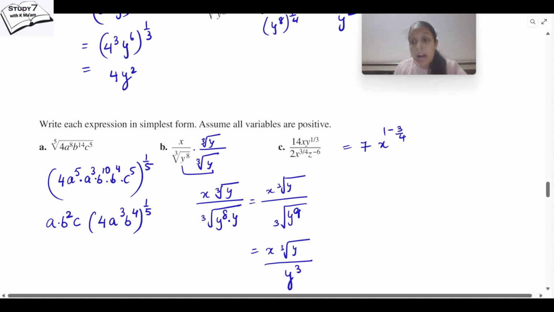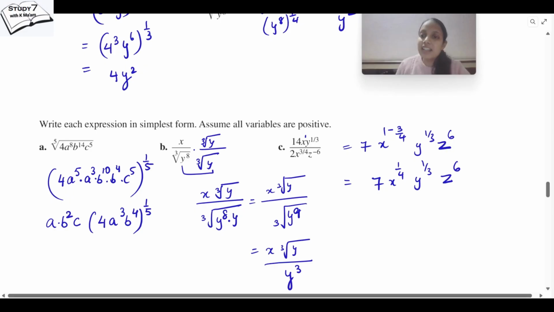This term moves up, so it becomes negative 3/4. So the 1 power was already here. y^1/3. z^-6 moving to the numerator becomes power positive 6. 7x^(1/4) y^(1/3) z^6 is the answer.